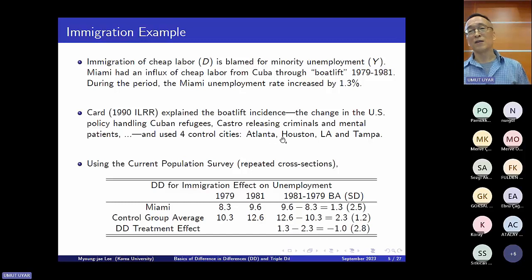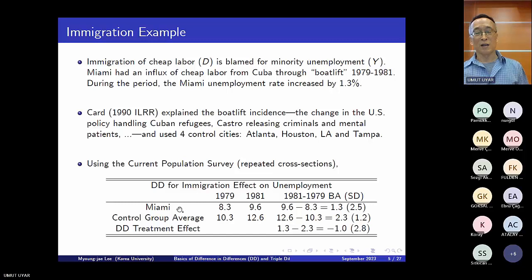And yet these cities did not experience any influx of cheap labor forces. And using CPS, here are some BAs and DD.